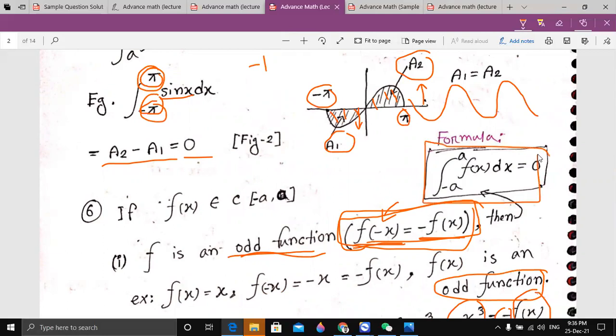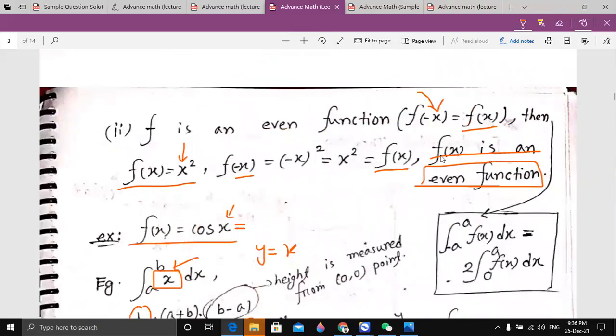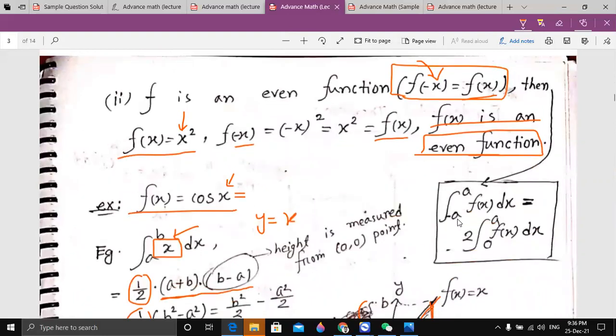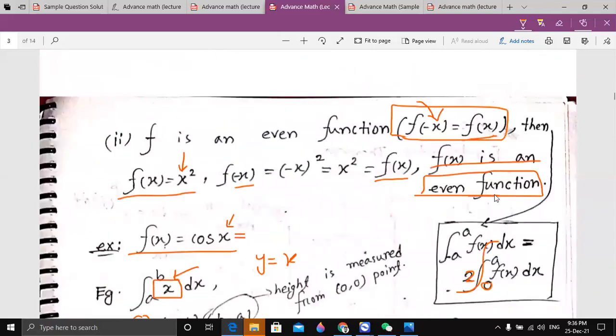So for an odd function, the value is 0. And about an even function, if f of minus x is equal to f of x, then integration of minus a to a f of x dx will be 2 into integration of 0 to a f of x dx, okay? So this is the odd function and even function formula.